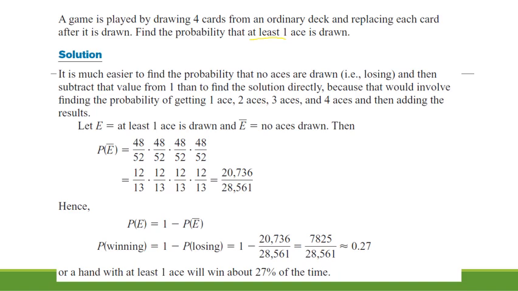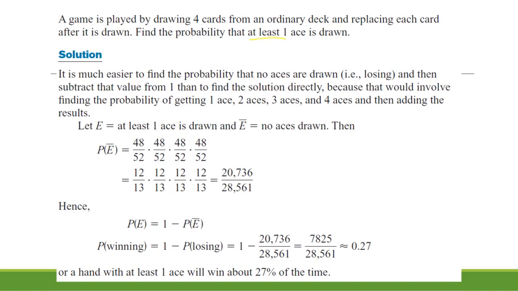A game is played by drawing 4 cards from an ordinary deck and replacing each card after it is drawn. Find the probability that at least one ace is drawn. So sabi dito, it is much easier to find the probability that no aces are drawn, and then subtract the value from 1, than to find the solution directly, because that would involve finding the probability of getting 1 ace, 2 aces, 3 aces, and 4 aces, then adding the results.